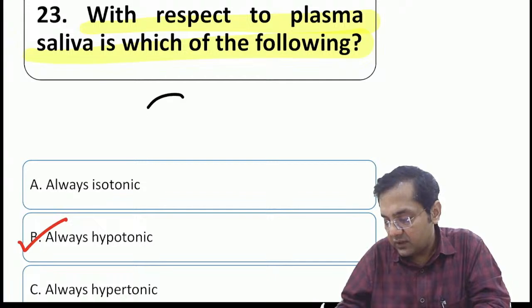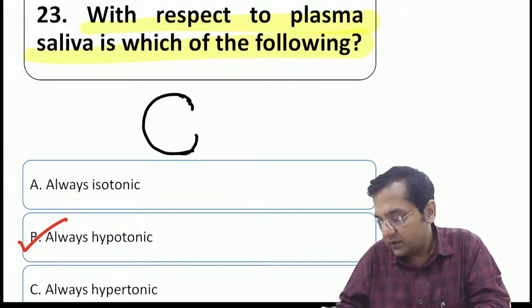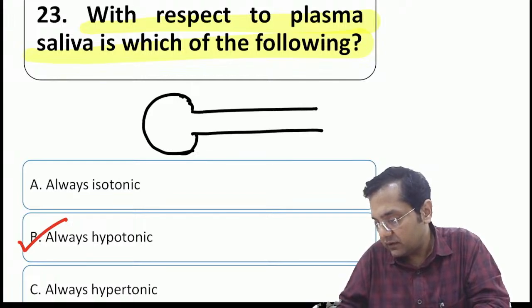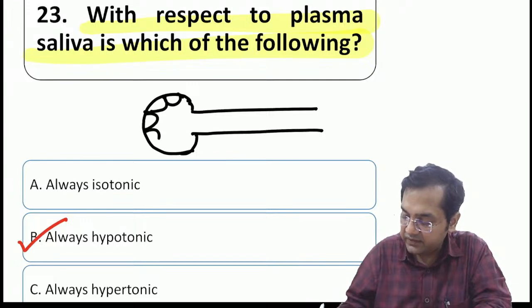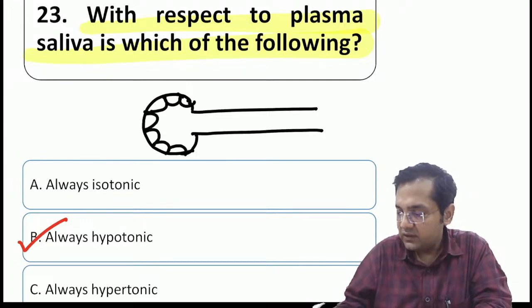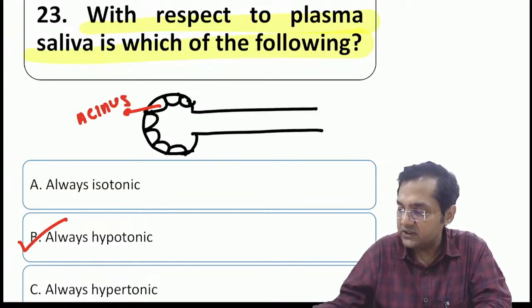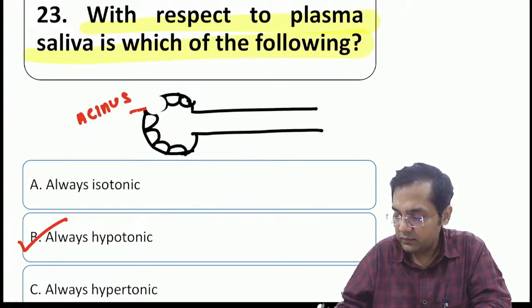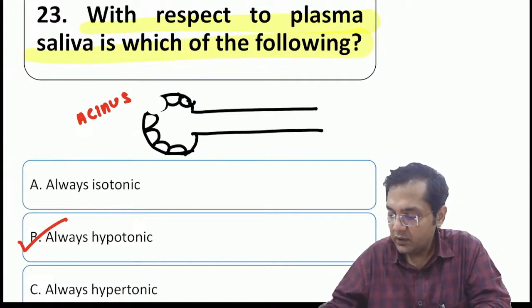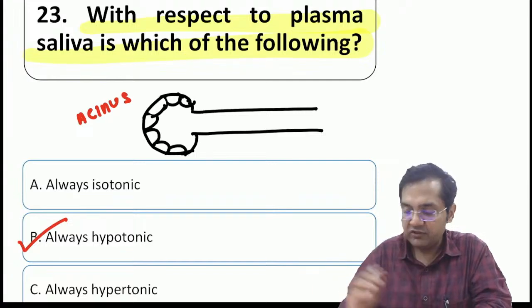This is the acinus of the salivary gland. This is the ductal cells. So these are the acinar cells. This is my acinus, right? So this is a representation of the acinus.